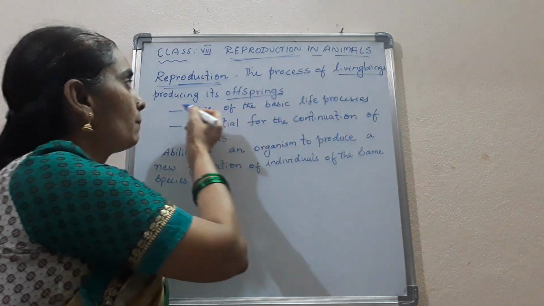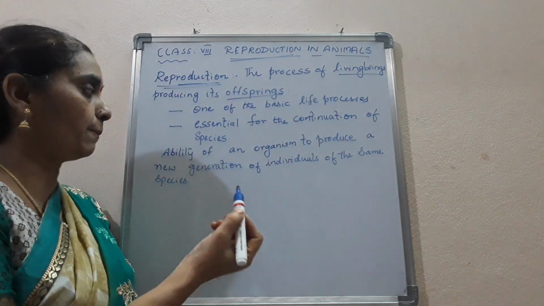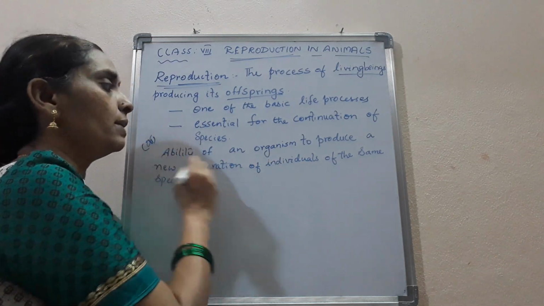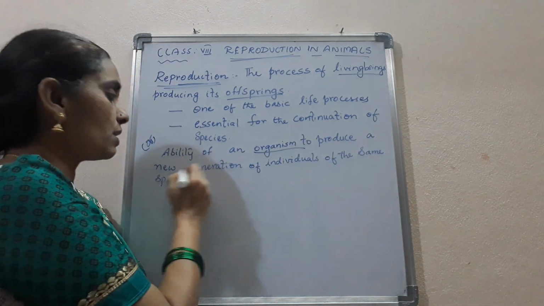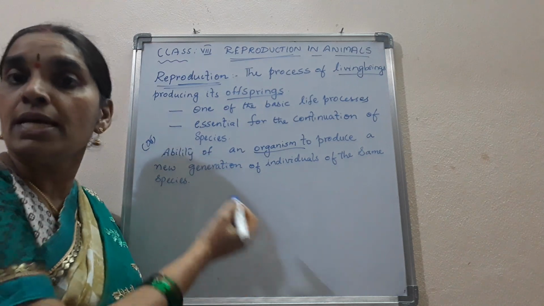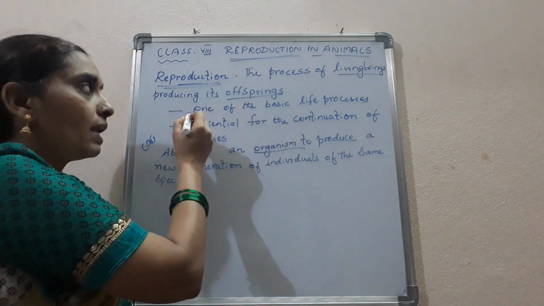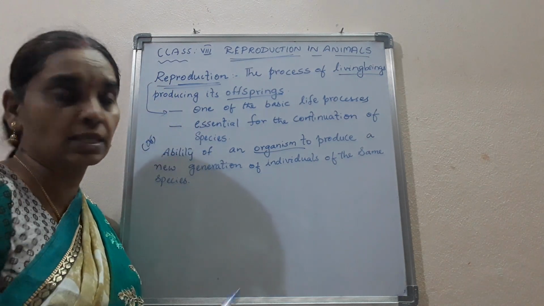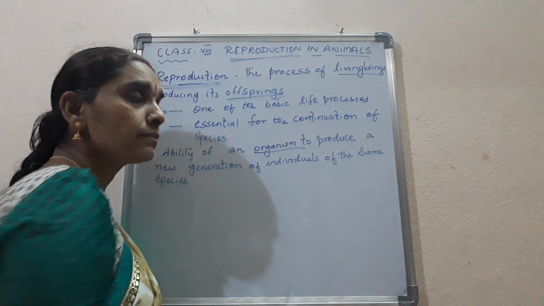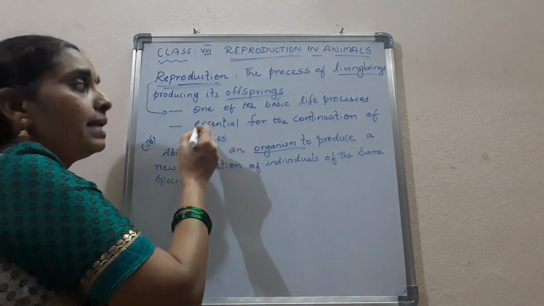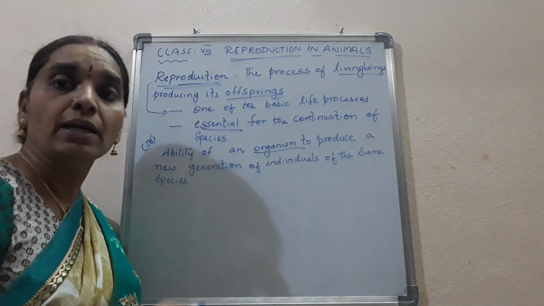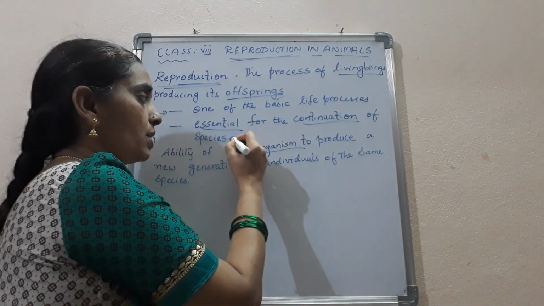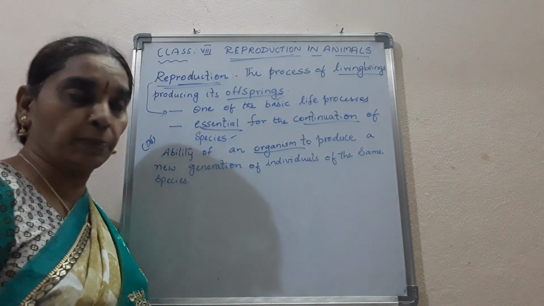The process of living beings producing their offspring is called reproduction, and it can also be said as the ability of the organism to produce a new generation of individuals of the same species. So reproduction is one of the basic, important life processes. It is essential. Why is it needed? It is needed for the continuation of species.